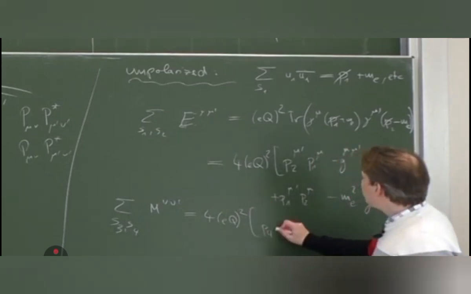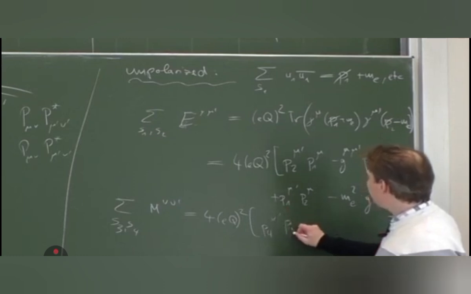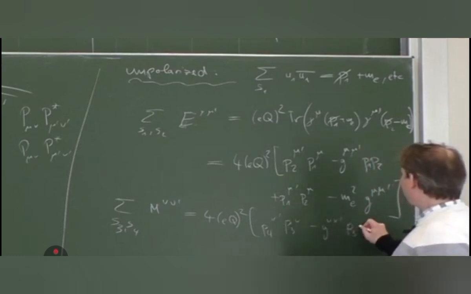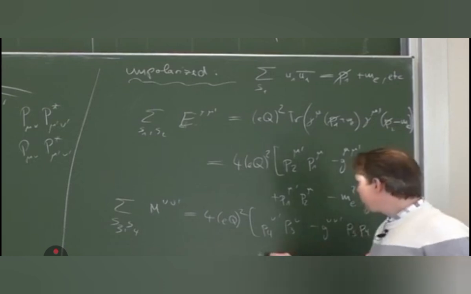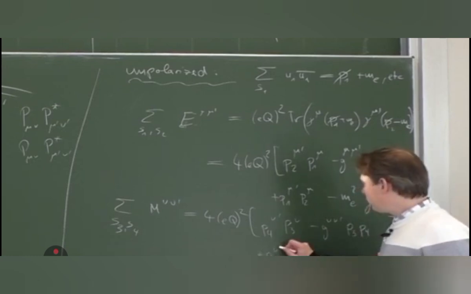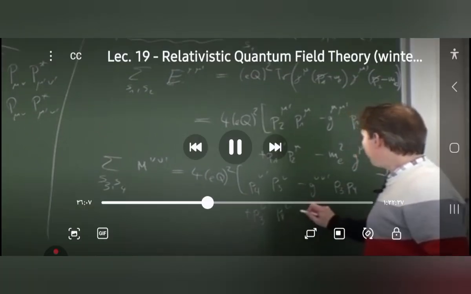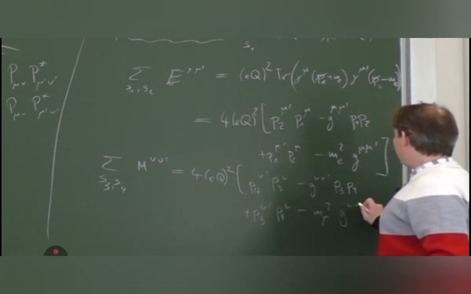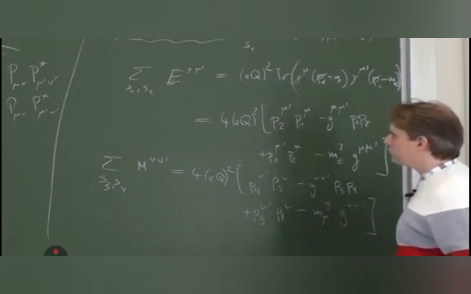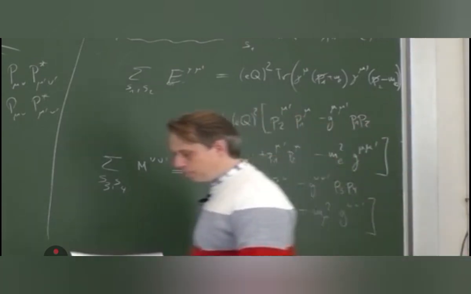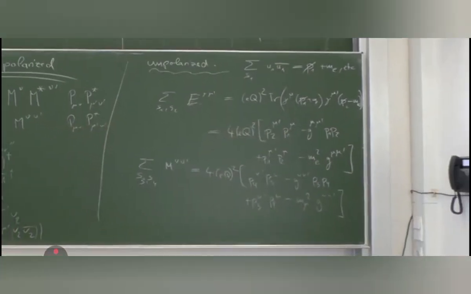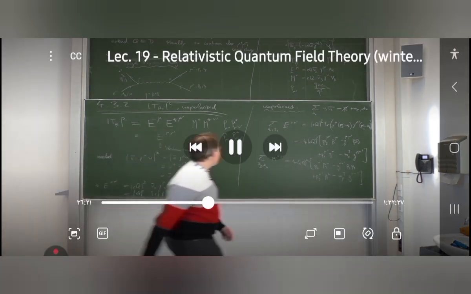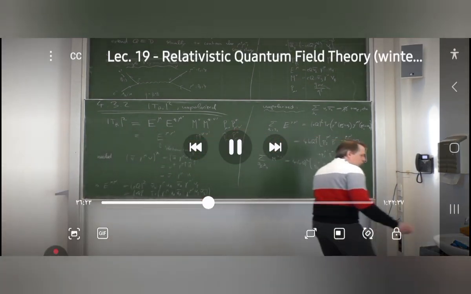P4 nu prime, P3 nu minus G nu prime, P3 P4 plus P3 nu prime P4 nu minus muon mass square G nu prime.